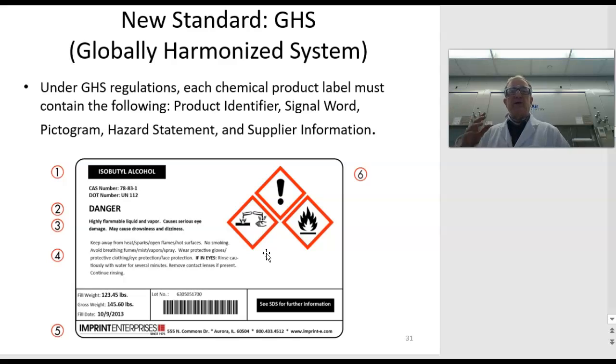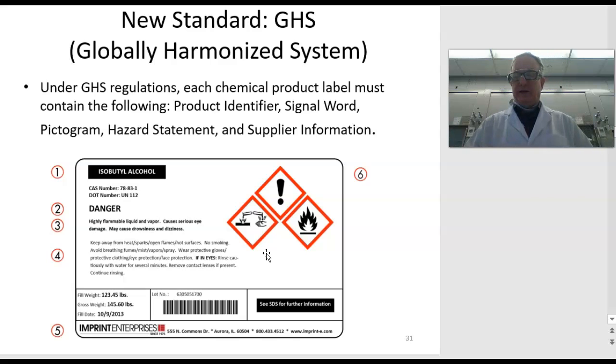What we now use is the Globally Harmonized System. Under GHS regulations, each chemical product must contain 5 things: product identifier, the signal word, the pictogram, a hazard statement, and supplier information.